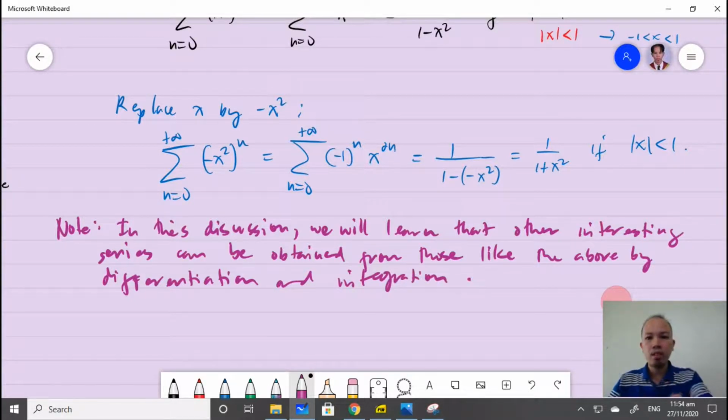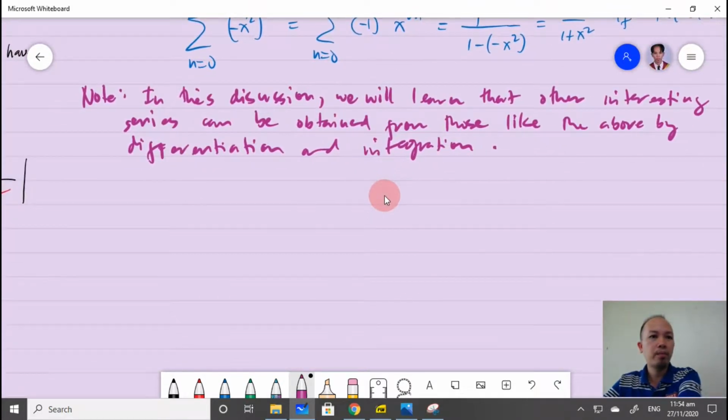So please remember that in the methods we discussed above, we can obtain other interesting series using the idea of differentiation and integration of the power series.